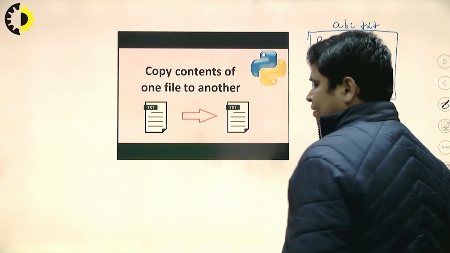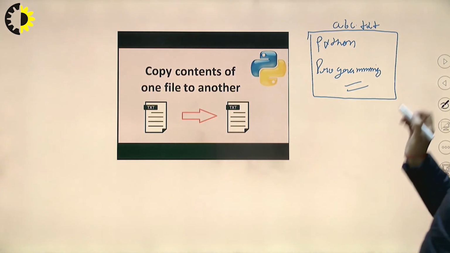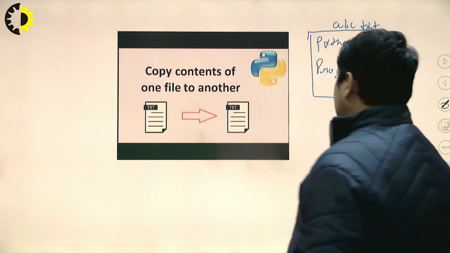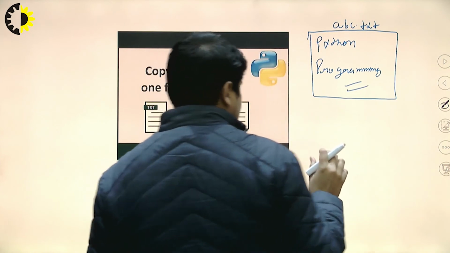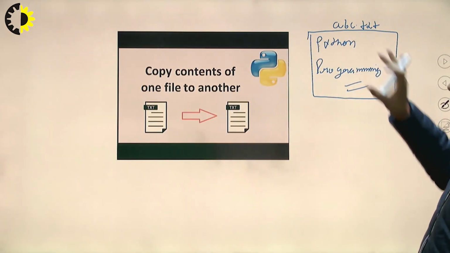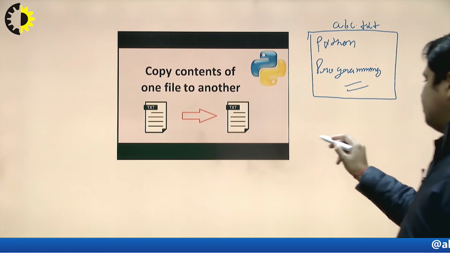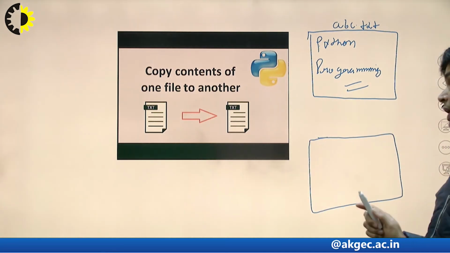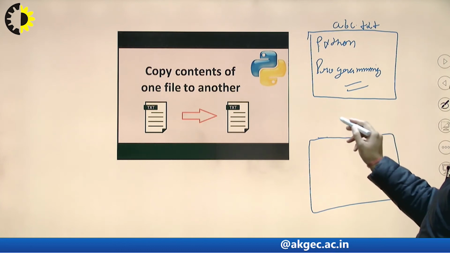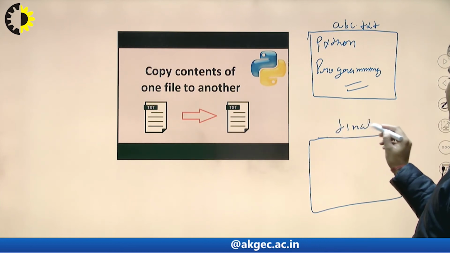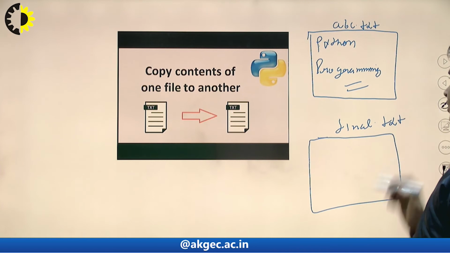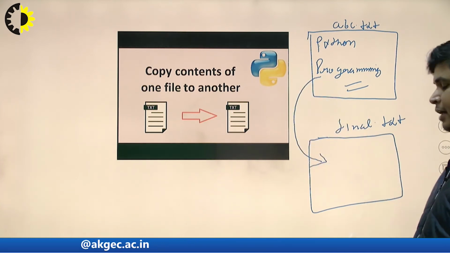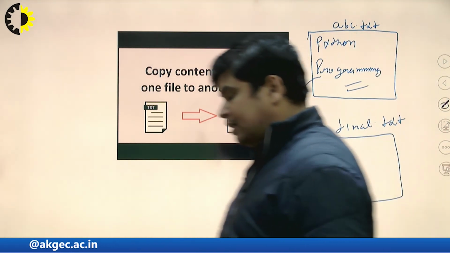N number of data will be here, no issue at all. I am going to copy this content and paste it inside another file which is called final.txt. This data I want to put inside the second file, final.txt.